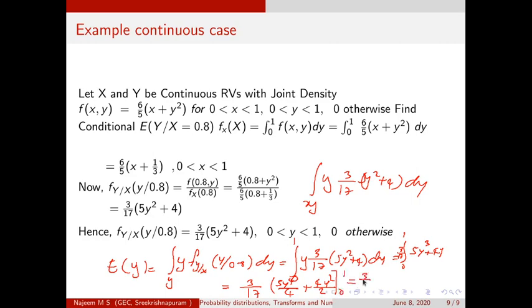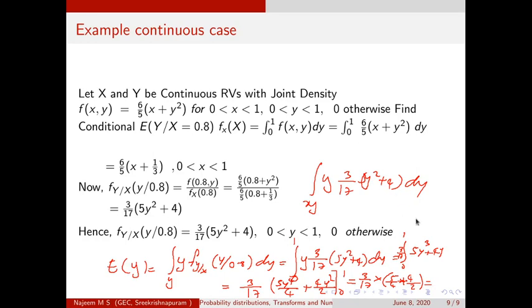When we apply limits, that is 3 by 17 into 5 by 4 plus 4 by 2, which is 5 by 4 plus 2, that is 13 by 4.